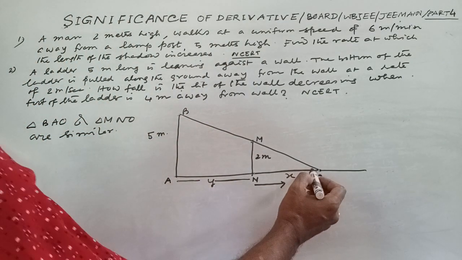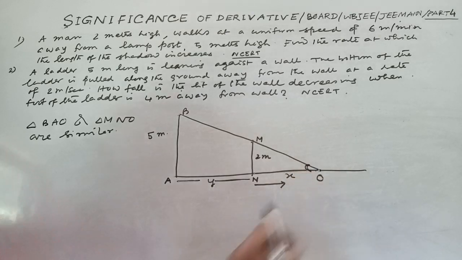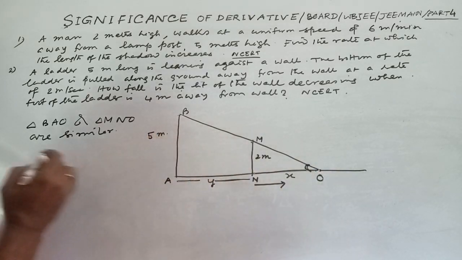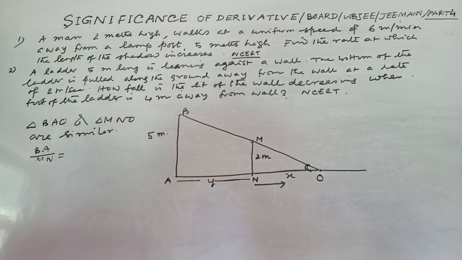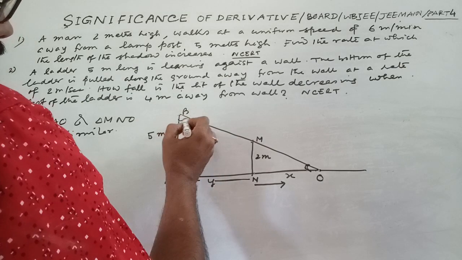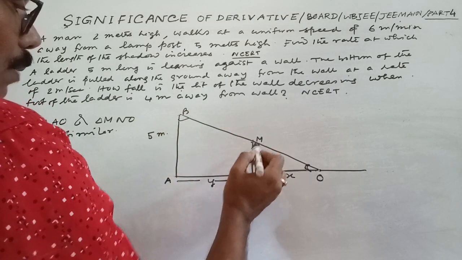Opposite of O is the common angle, so BA by MN. Now this angle equals this angle, they are parallel.